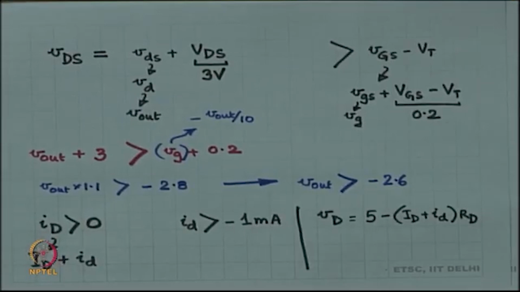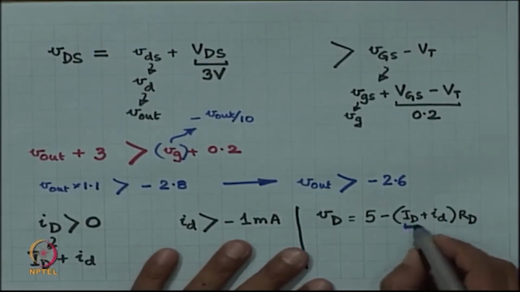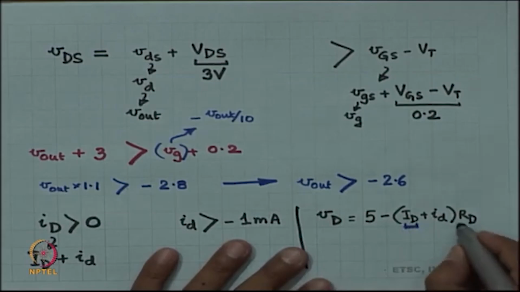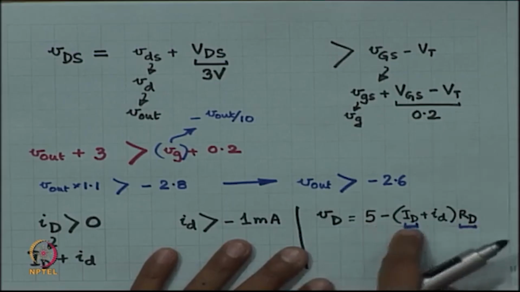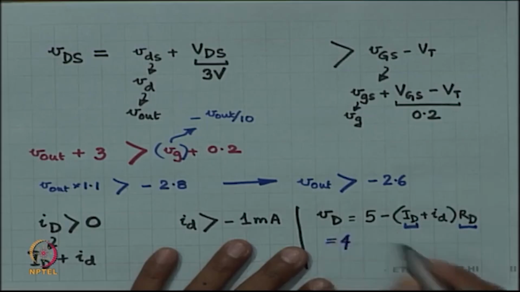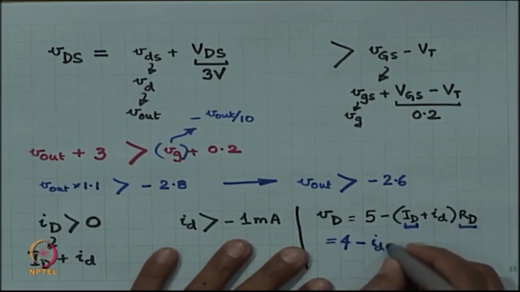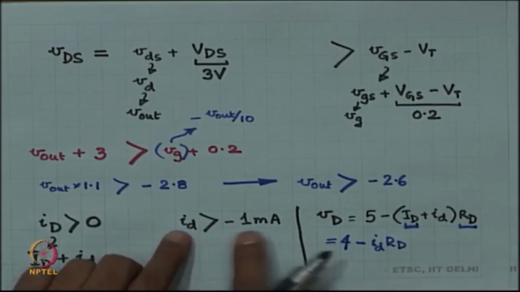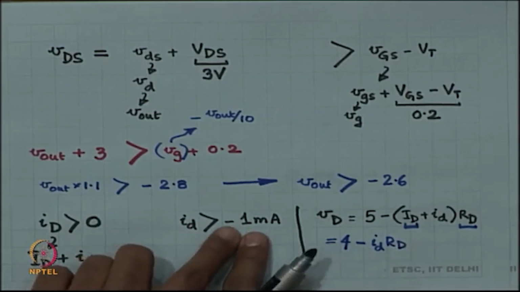And now, this is 1 milliampere, this is 1 K. So, 1 milliampere and 1 K is 1 volt, 5 minus 1 volt is 4 volt, minus small ID times RD. And small ID has a limit that it has to be more than minus 1 milliampere.